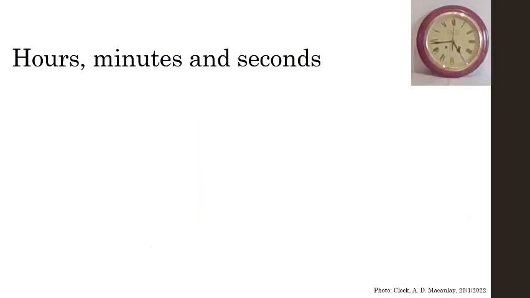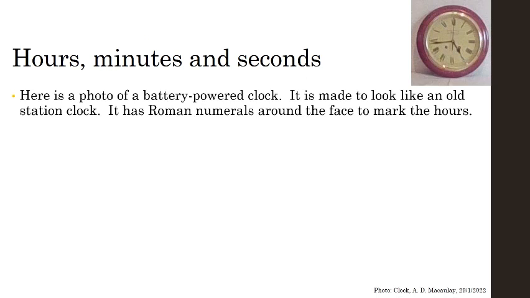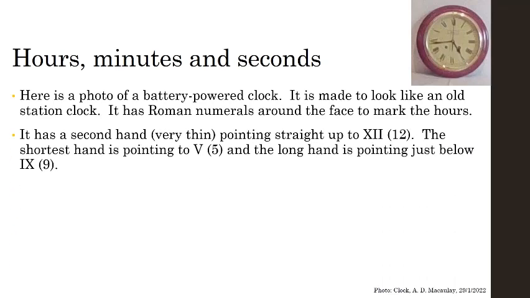Hours, minutes and seconds. Here's a photo of a battery-powered clock. It's made to look like an old station clock, and it has Roman numerals around its face to mark the hours. It has a second hand, that's the very long, thin one pointing straight up to the 12, XII in Roman numerals.